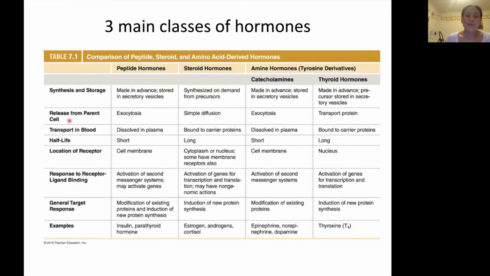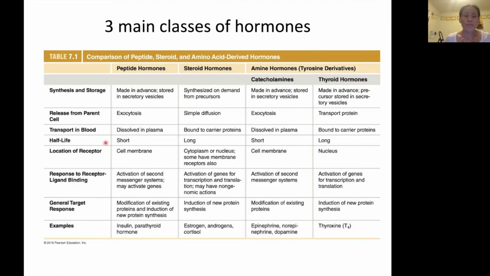They're transported in the blood, dissolved in the plasma. Remember that because they're hydrophilic and plasma is an aqueous solution, these hormones are very comfortable hanging out in the plasma. This is also going to make a little more sense when we contrast them later with the steroid hormones.